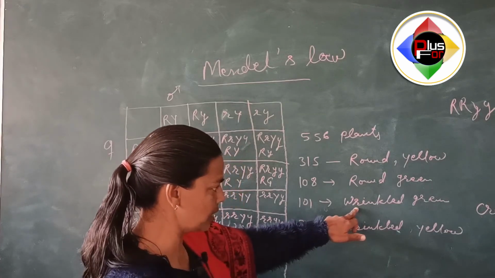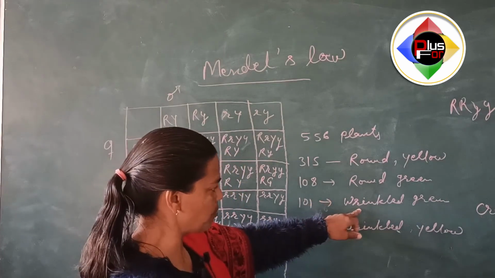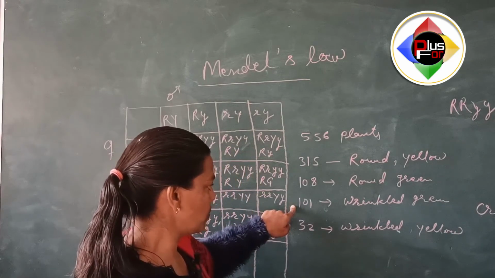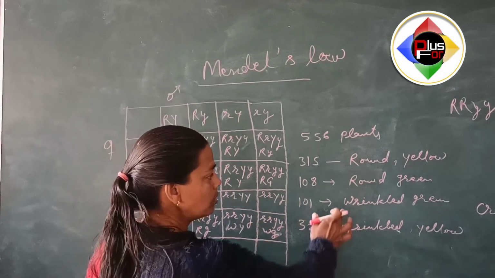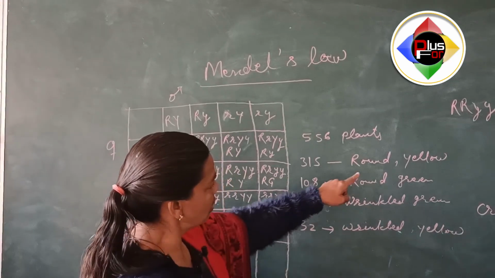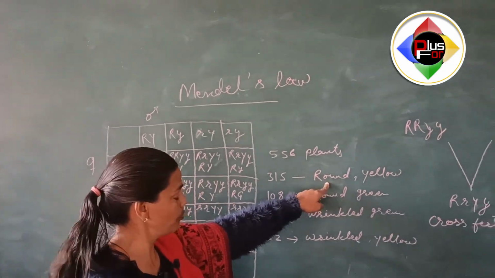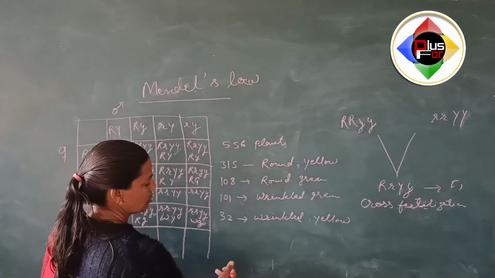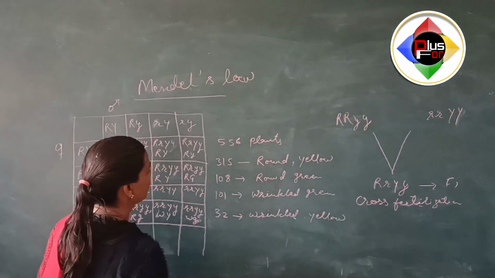We do not have wrinkled green plants in the first generation, but here we get them in the F2 generation.